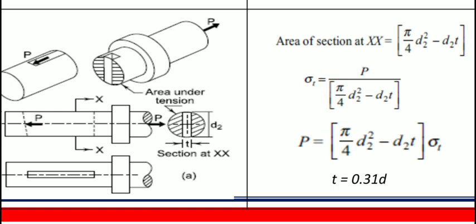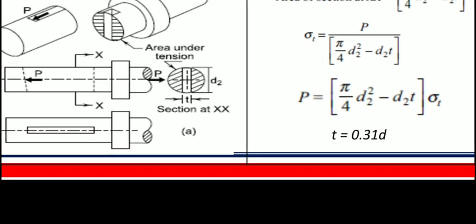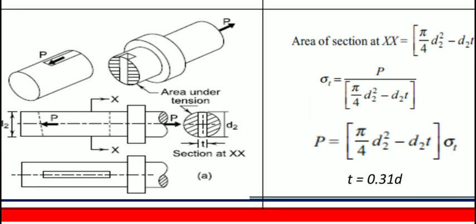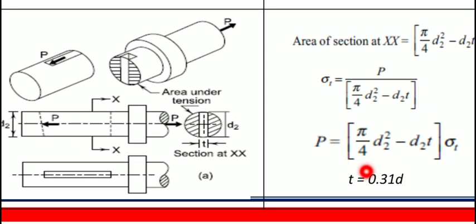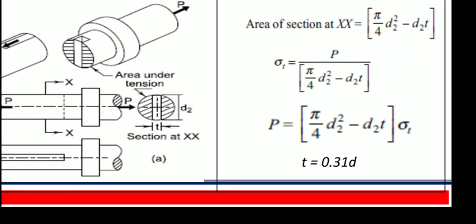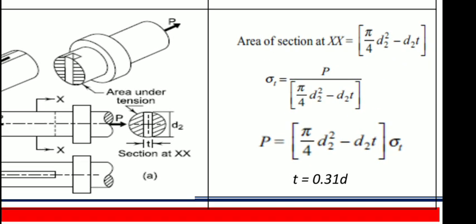Here if we are having value t, how much is the value of t? T is equal to 0.31 times d. This is the thickness small t, thickness of the cotter, or we can say thickness of the slot. So here pi by 4 d2 square minus d2 into t.